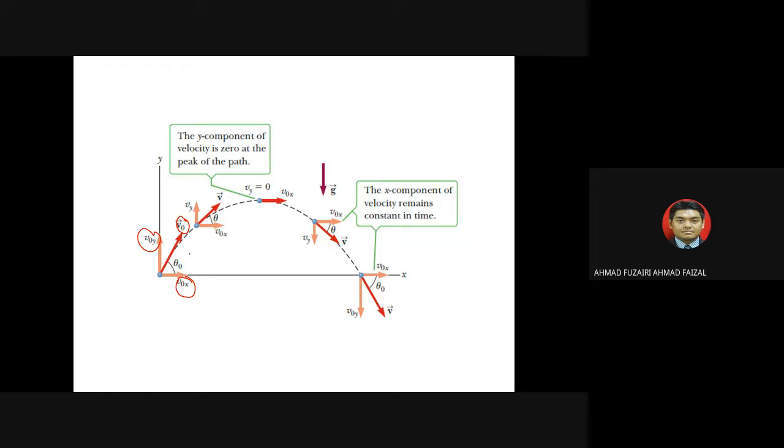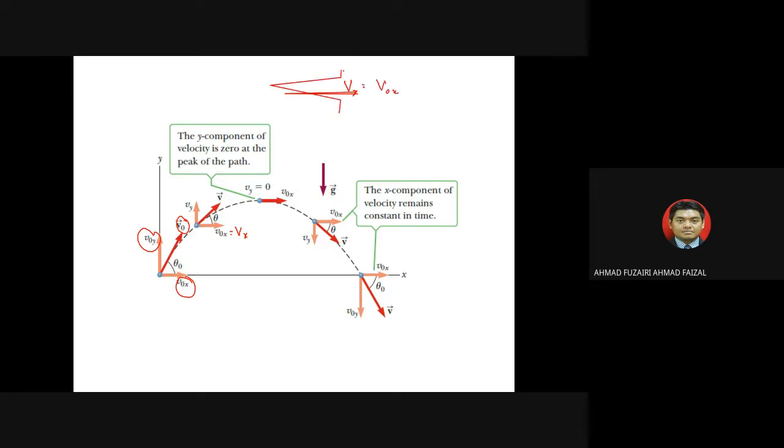So when the ball has been lifted up into the air, now it doesn't have V naught anymore. Now it will have V. So this is V, and this is Vx. But remember, from our understanding, Vx is equal to V naught x.